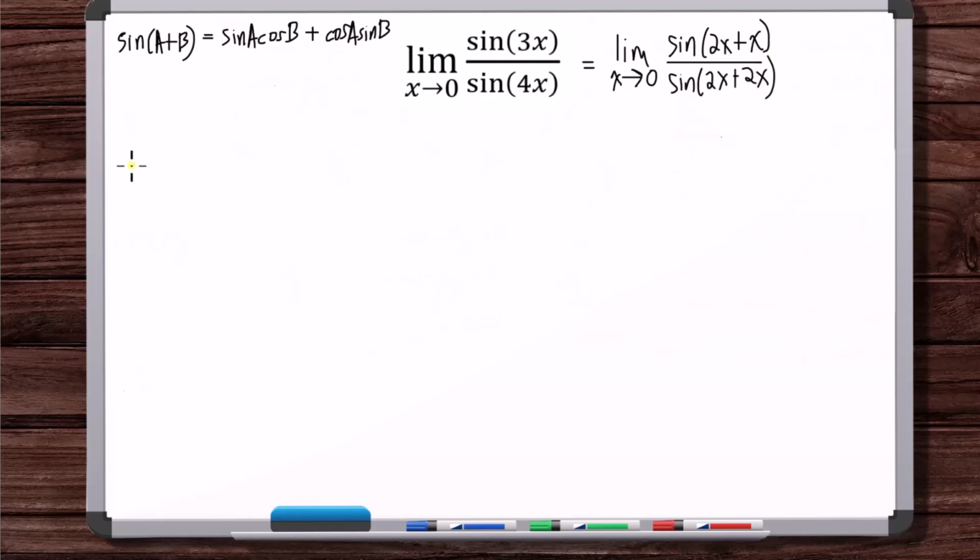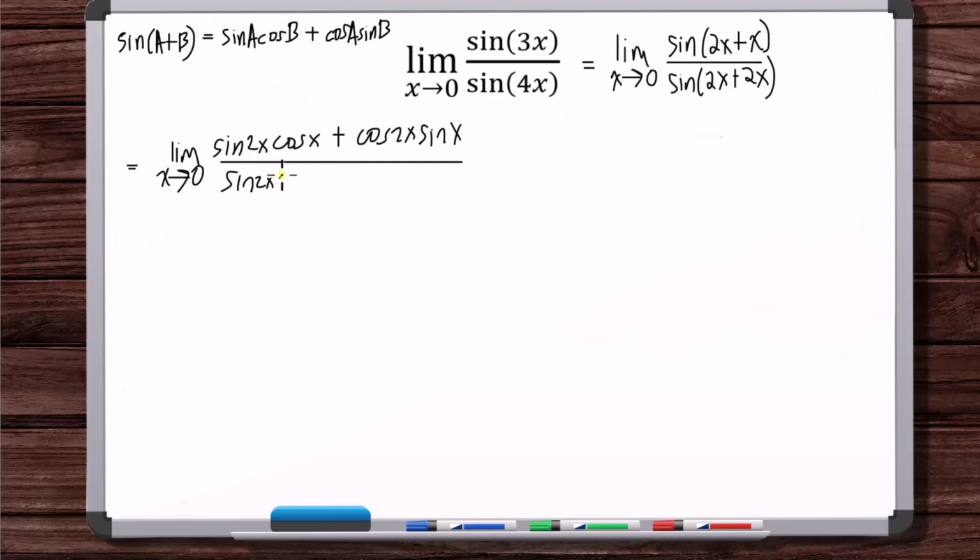And so then, applying this trig identity, we get sine of 2x cosine of x plus cosine of 2x sine of x over sine of 2x cosine of 2x plus cosine of 2x sine of 2x. So that's going to be just 2 sine of 2x cosine of 2x.